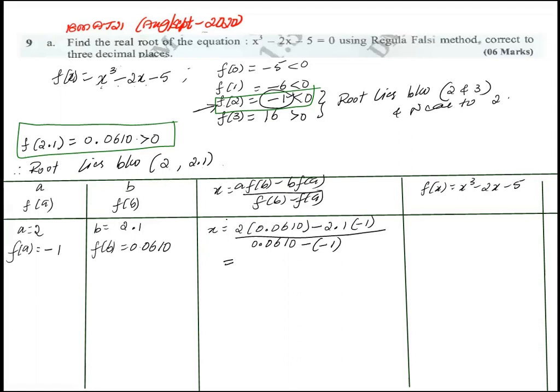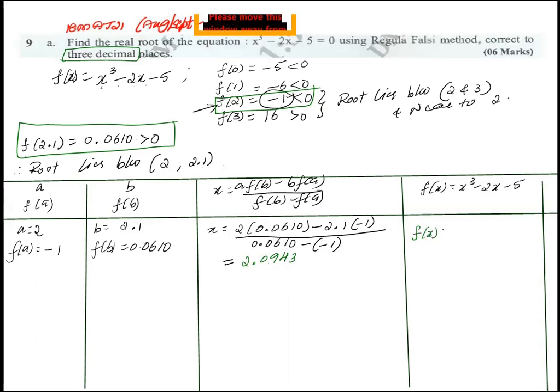So the answer is 2.0943. The question asks for 3 decimal places, so I will write 2.094.